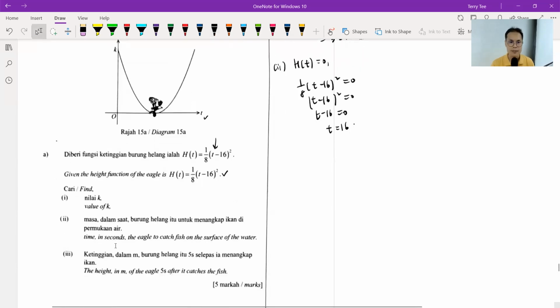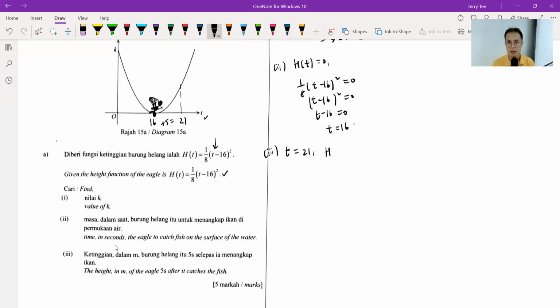All right, next. The height in meters of the eagle 5 seconds after it catches the fish. So we know this is 16. 5 seconds after that will be 16 plus 5, 21, right? Your t is now 21. So we substitute t equals 21. This is your Roman 3.